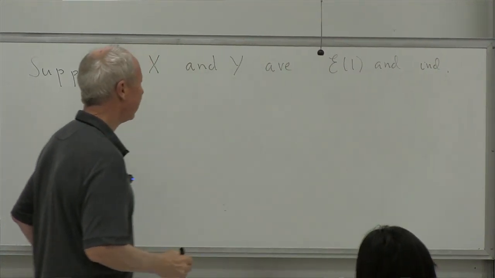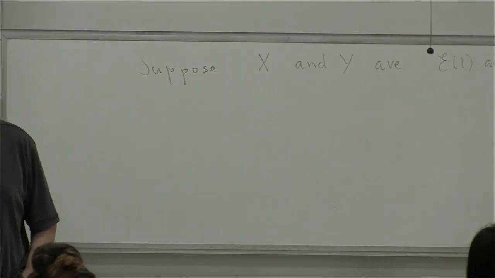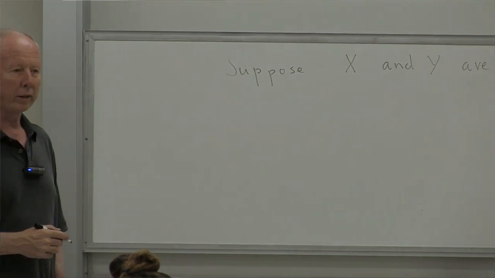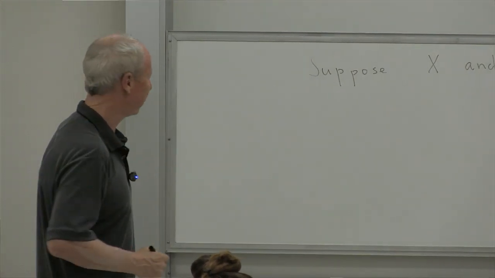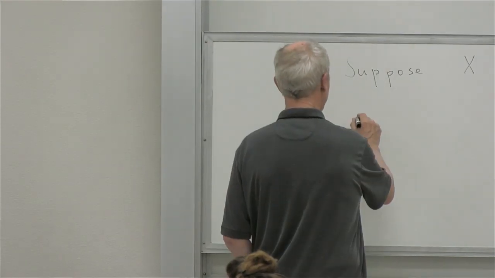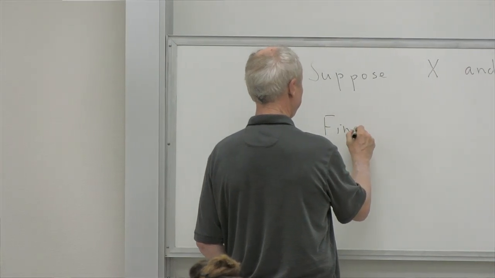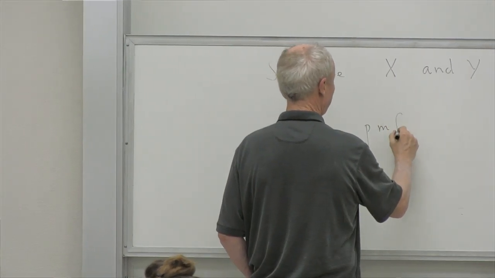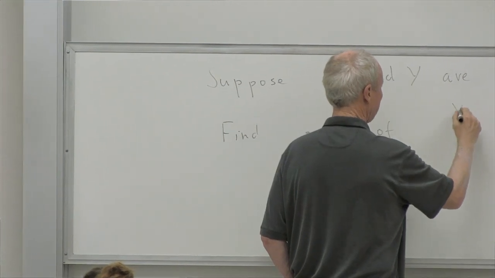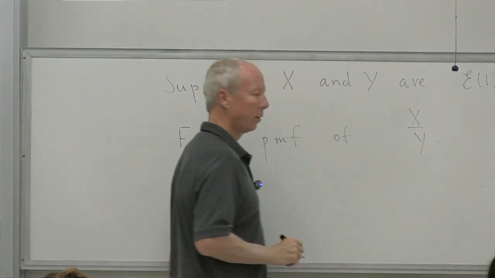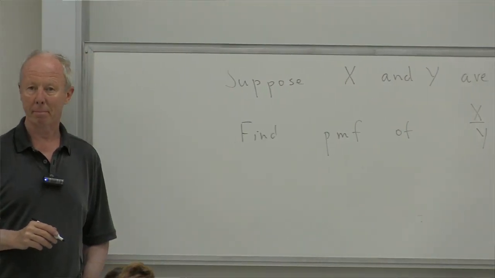Suppose that X and Y are independent exponential random variables with parameter 1. Let's find the PMF of the ratio X over Y.